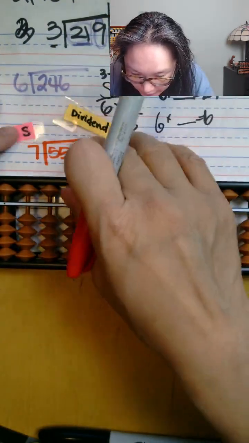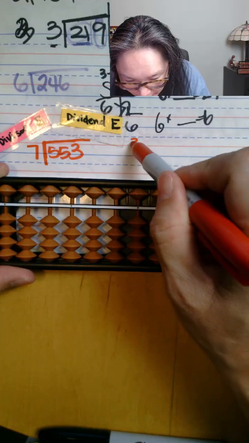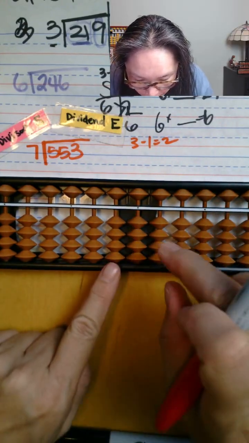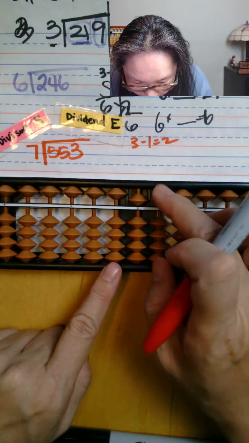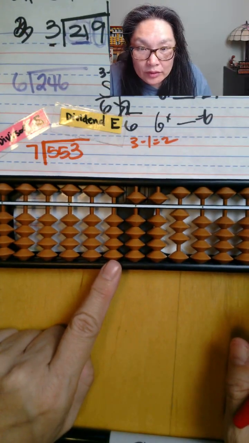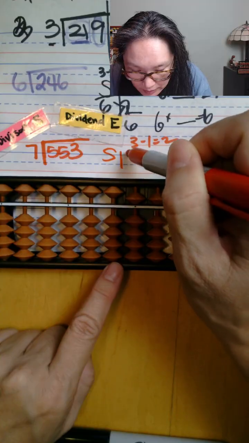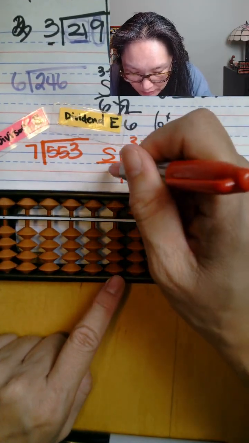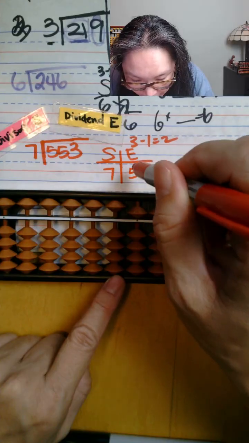Dividend and divisor. So 3 minus 1 is equal to 2. So I put my dividend 5, 5, 3. And what do I do now? I compare. My divisor is 7. My dividend is 5.